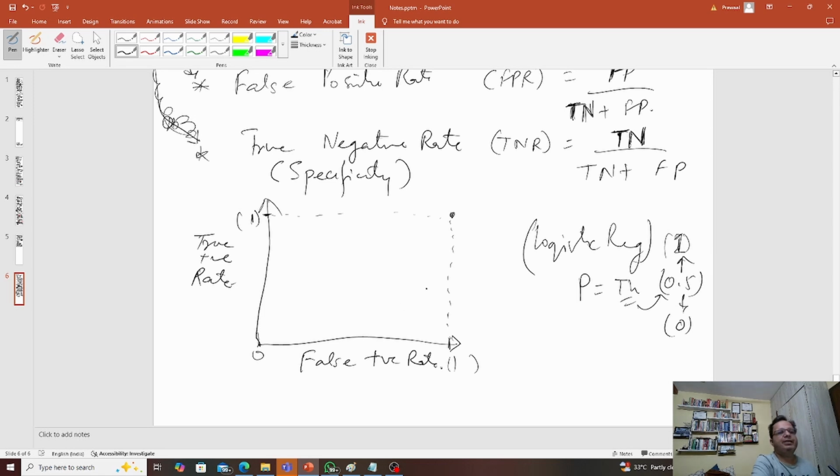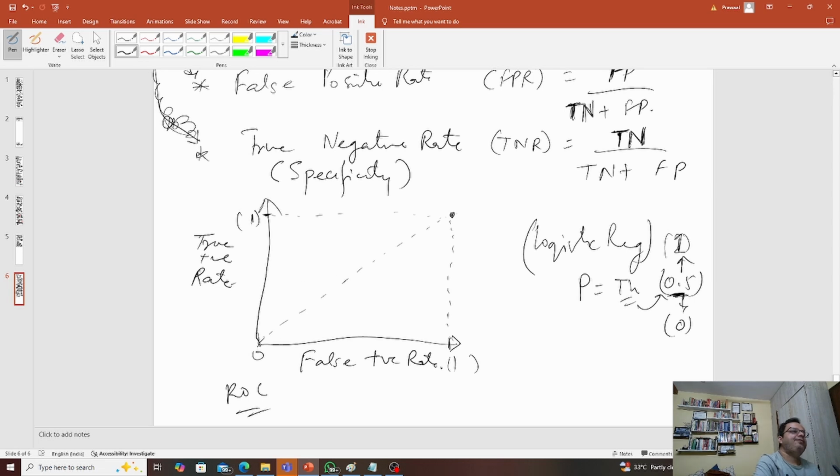So in this case, we find out different values of the threshold, and based on the different values of threshold, we find out the false positive rate and the true positive rate. This particular graph is called the ROC, receiver operating characteristic curve.